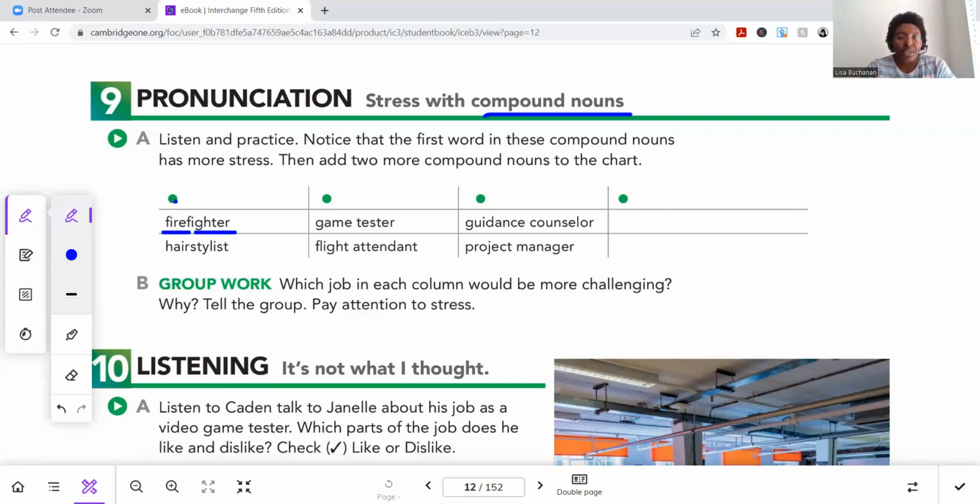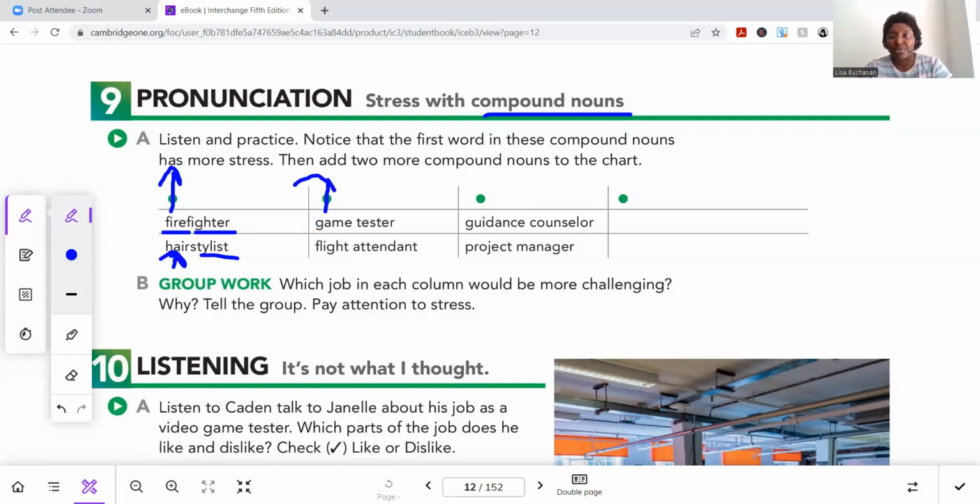This green circle is to show where the stress is, where we go up in English. So on compound words, the stress is on the first word. So we say firefighter, firefighter. Same thing here. Hair stylist, hair stylist.